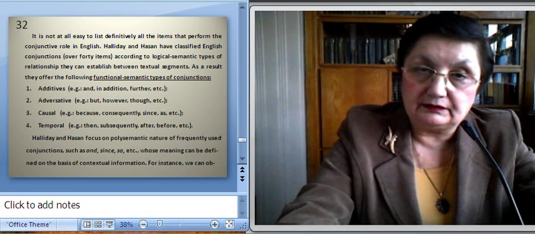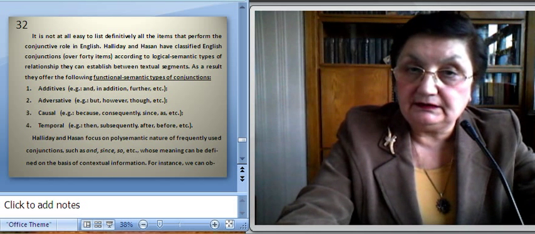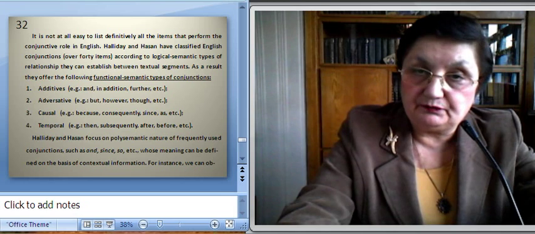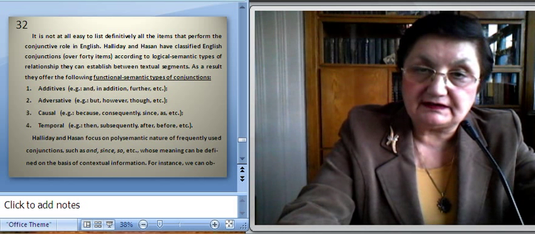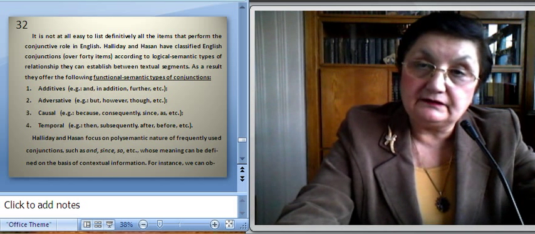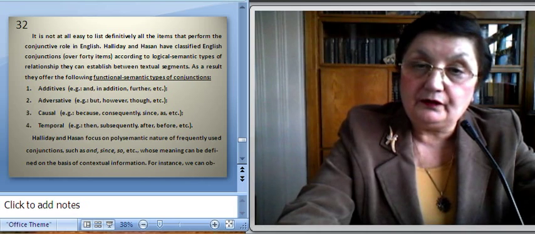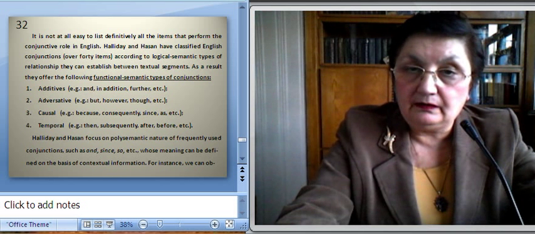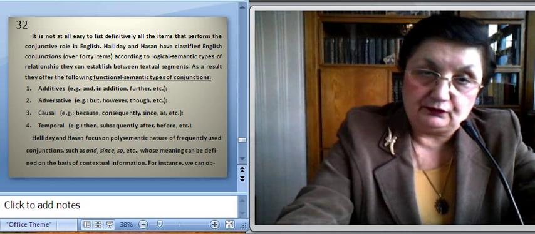Additives, that comprise such conjunctions as and, in addition, further, etc. Adversatives, for instance, but, however, although, etc. Causal, that comprises because, consequently, since, as, etc. And temporal, for instance, then, subsequently, after, before, etc. Halliday and Hasan focus on the polysemantic nature of frequently used conjunctions, such as and, since, and so on, and others, whose meaning can be defined on the basis of contextual information.